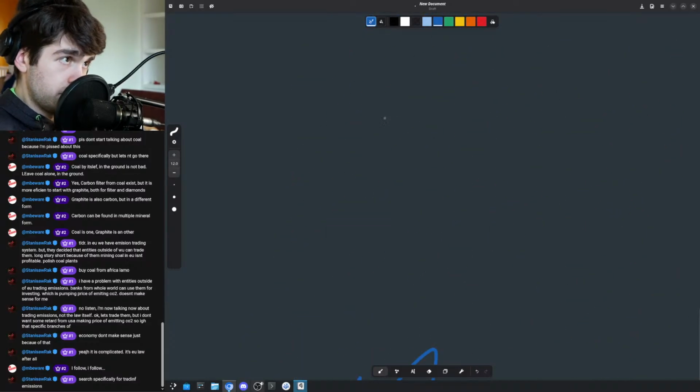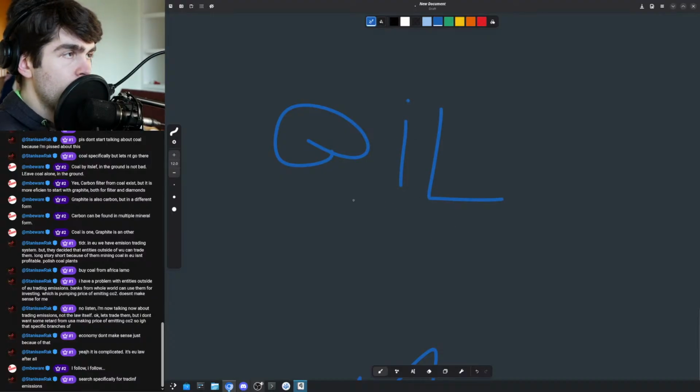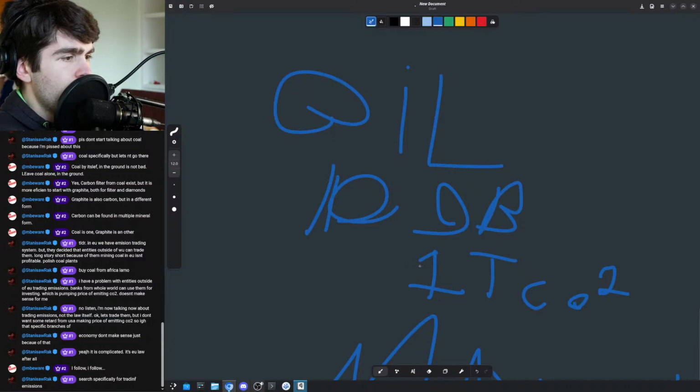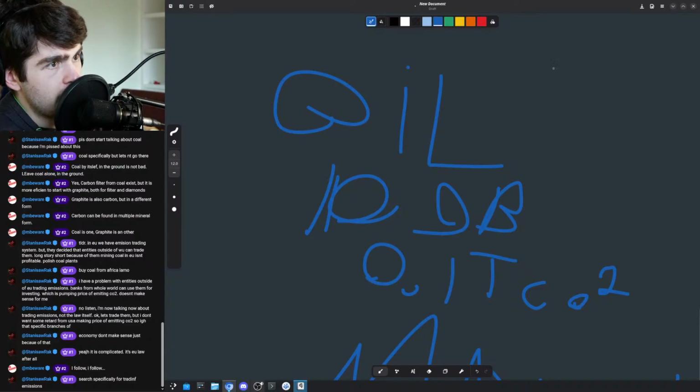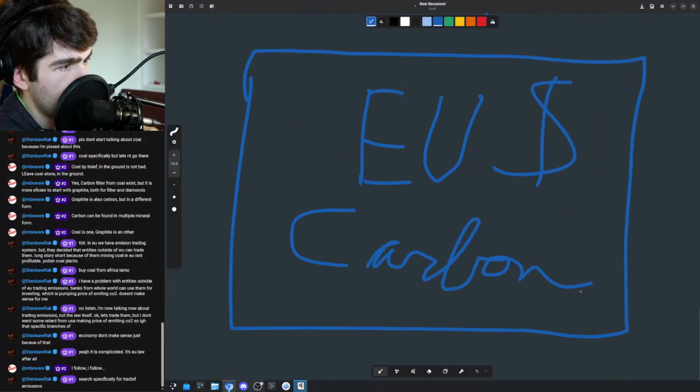So if you're producing oil and you're expected to produce 1 ton of CO2 for every 100 barrels of oil, let's just make shit up, okay? Well, if you're only producing, I don't know, 0.1, then you get credits that you can then sell to other people that pollute more.